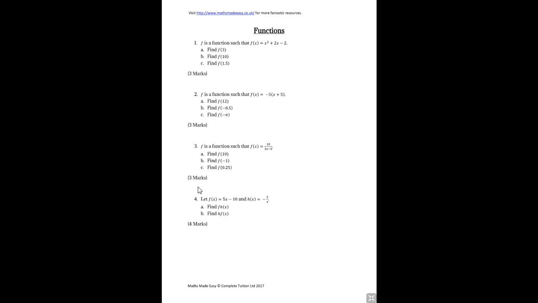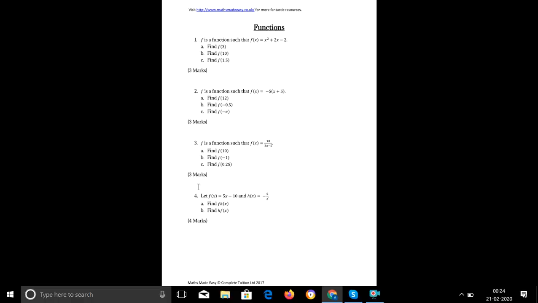Question number 4. Solve this one, question 4.